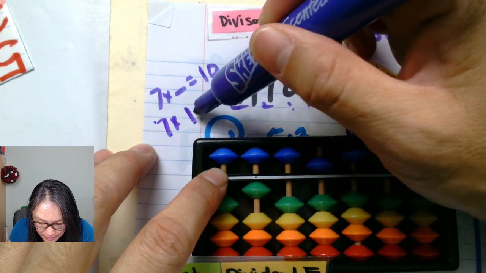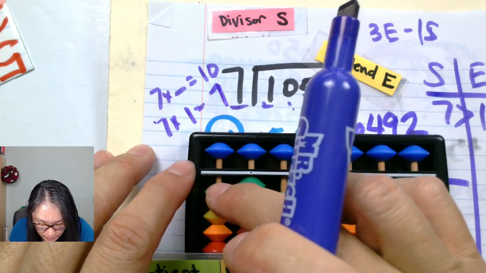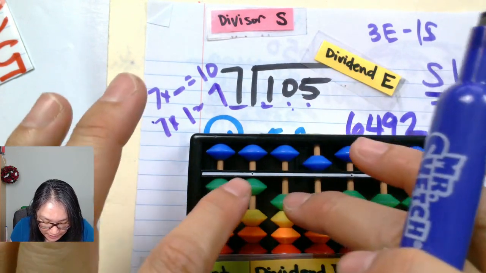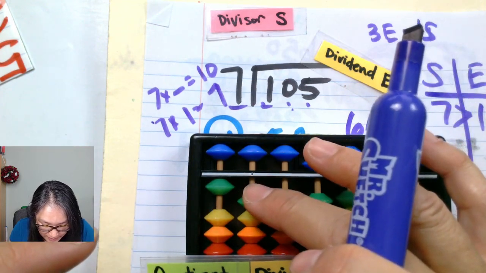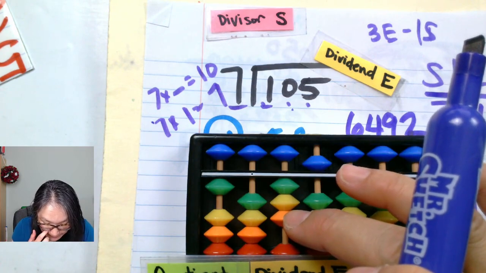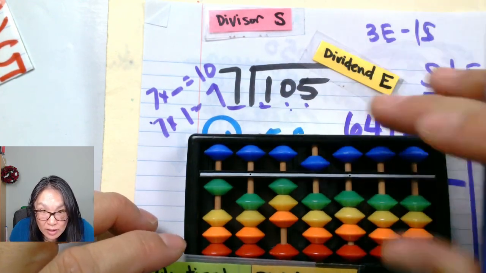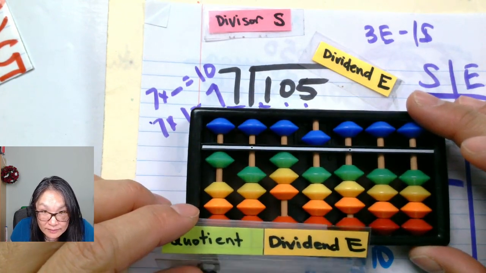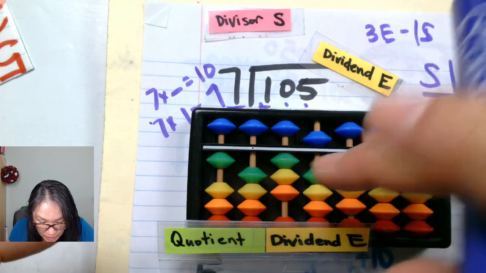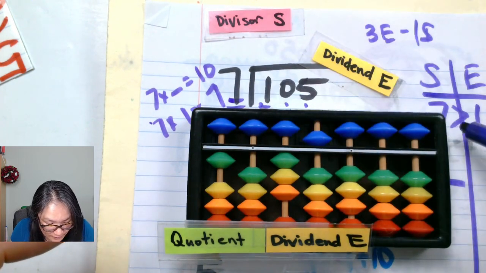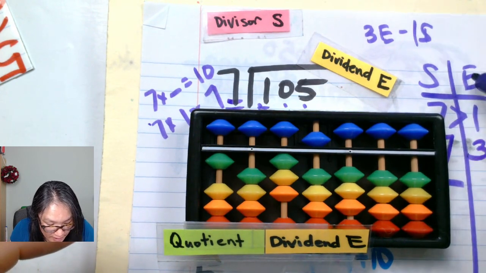7 times 1 is equal to 7. So I'm going to take away 3. I'm going to add the 1. That's my quotient. And then I need to take away 7 here. So take away 7 is minus the 10 plus the 3. So now I'm not looking here anymore. I have to look at my abacus. We have to compare who is bigger, 3 or 7. 7 is my divisor, 3 is my dividend.